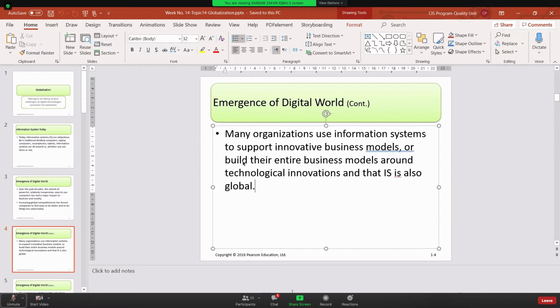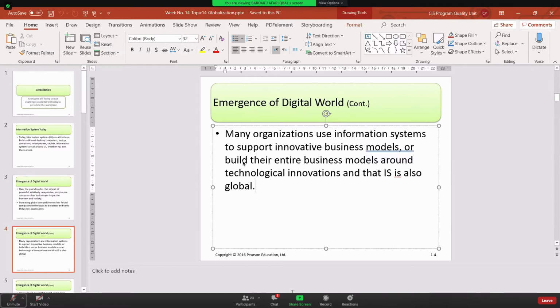Not smartphones, not laptops. So it means your idea will also be changed with the technology, right? So technology is really playing a role here in starting an innovative business idea.